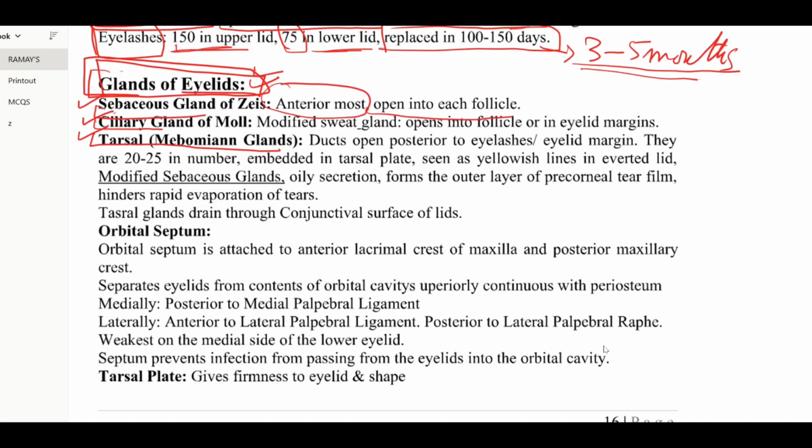If we draw the lateral section of the eyelid like this one, you can say the lateral section of the eyelid drawn here, and this is the lash follicle coming out.